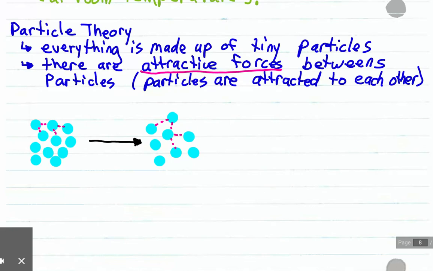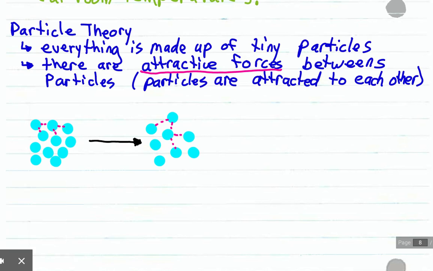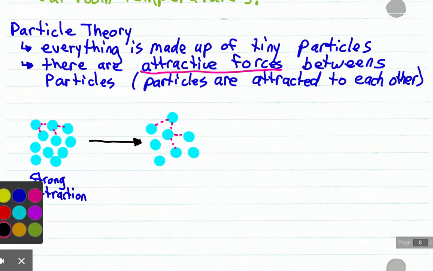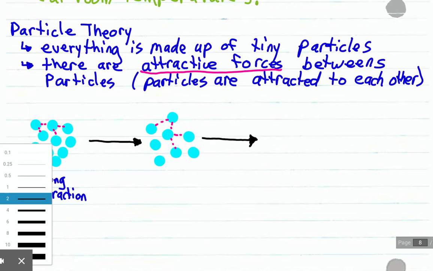So what happens is if the attractive forces get weaker, the particles move apart. So I think down here I'm going to write, we have strong attraction, and then this is like a mediocre attraction, but the attractive forces can actually get even weaker.